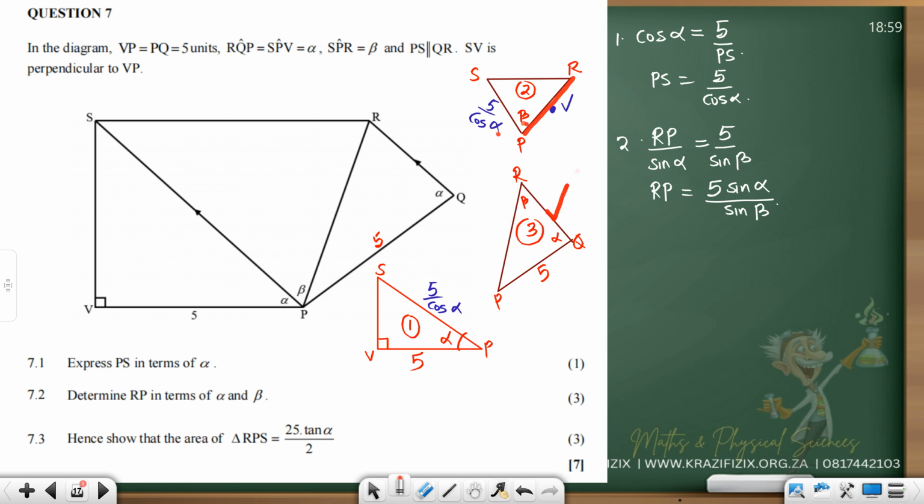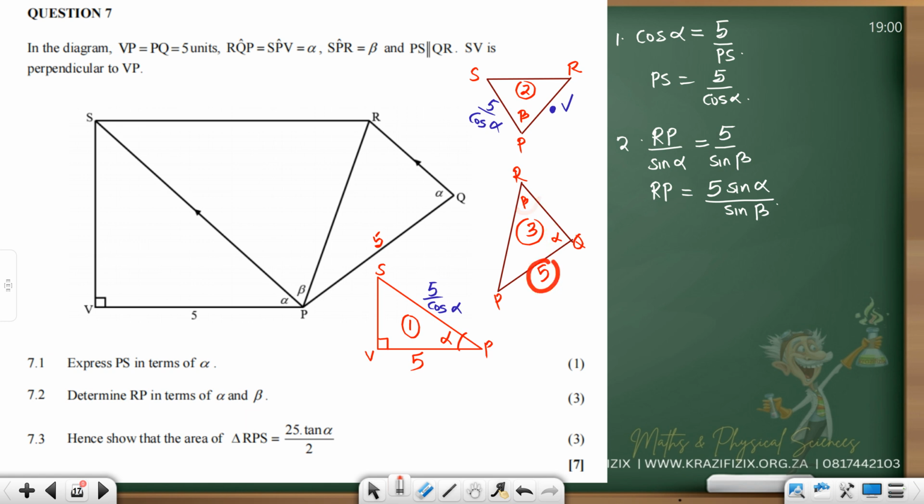Observing this triangle, it's either sine rule or cosine rule. Quick observation: I'm looking for the side, but I check I have the opposite angle, and that is what sine rule requires. Then I have the side and I have the opposite angle.